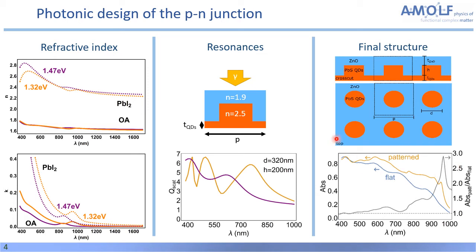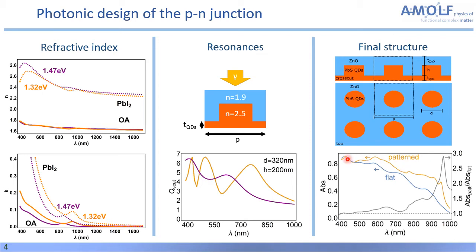And instead of looking at the scattering efficiency, we now look at the absorption as a function of wavelength. Here we've done this to compare a flat cell with a patterned one, flat in blue, patterned in yellow. And this comparison was done for cells that use the same amount of absorber volume. But even though they do that, they show quite different absorption spectra, as you can see here.